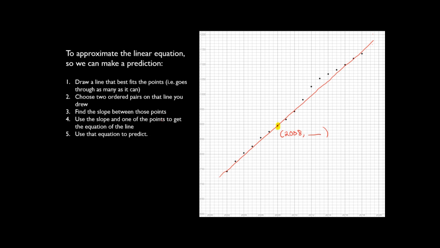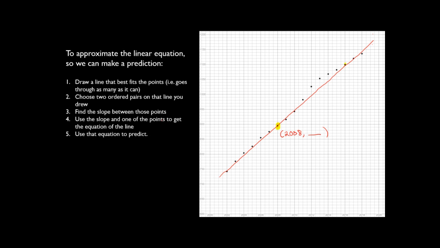And so I'm going to have to look at my table to figure out what the point is. But since it went through my point, that's a good one to pick because it's on my line. And then I'm going to look at my line and see, is there something that looks really easy to read off of on my line? You know, you want to try to have it on the grid because that's really easy.